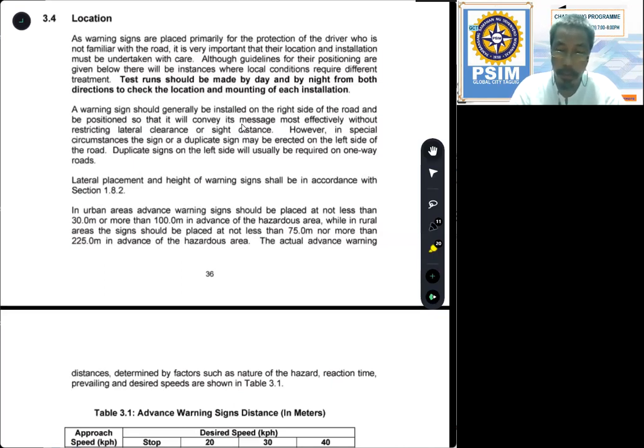So the risk of having an accident with somebody walking along the road is much greater in urban areas. So 30 to 100 in urban areas, while in rural areas, 75 to 225.